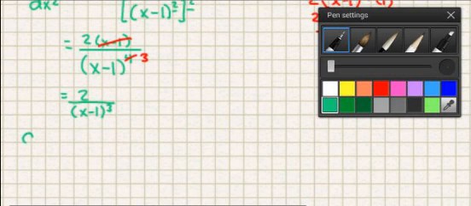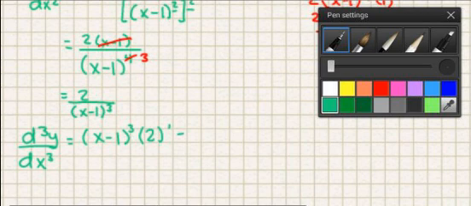Now on to the third derivative. I hope this is starting to make a little bit of sense. I'm sure you guys know that writing out the first term is unnecessary because I'm taking the derivative of a constant, which is going to be 0. But I'm just going to write it out anyway.